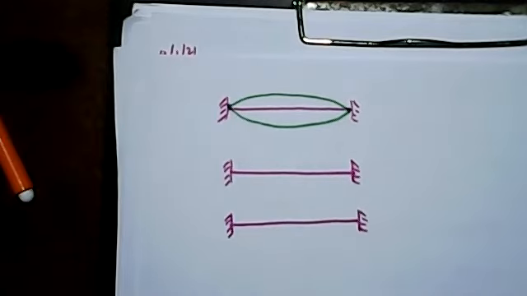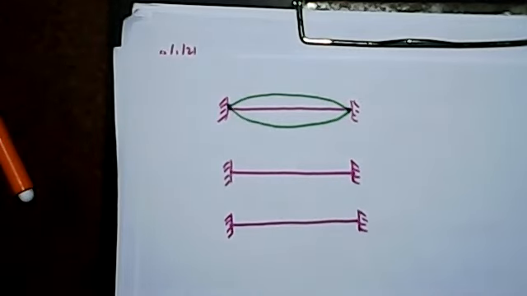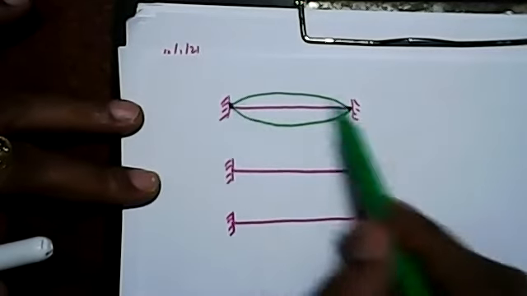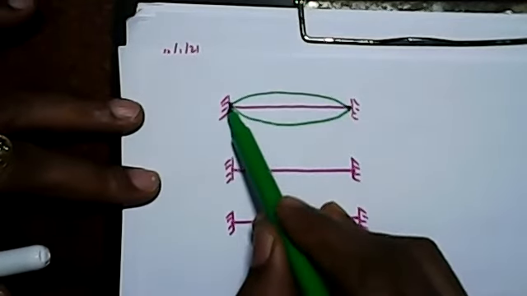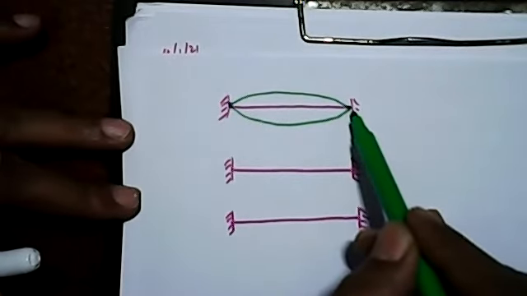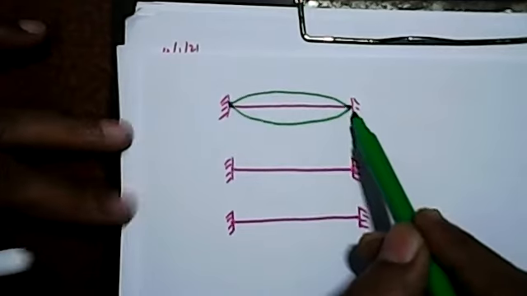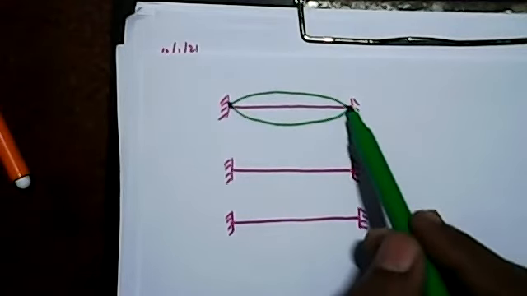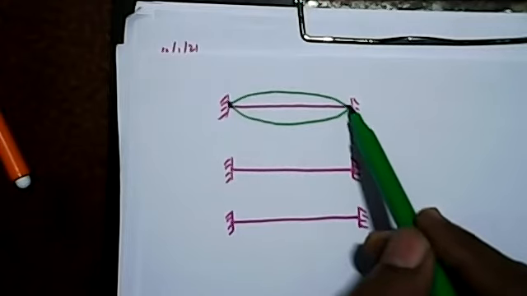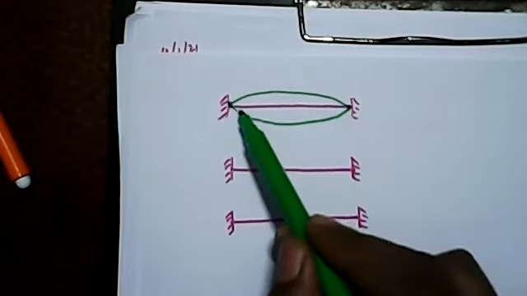So we are comparing this with a classical example. So this is one case. The wave can vibrate like this, so that the node of the standing wave is at the fixed point. Okay, because that point does not vibrate. So node comes at the fixed point.